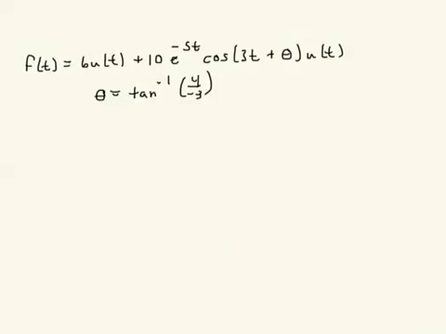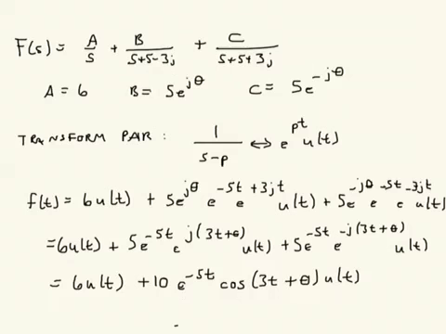And we know what the phase shift is based on the value that we calculated for theta. All right, so this concludes our video on partial fraction expansion with complex poles. Again, it's a fairly straightforward process, but it does involve complex arithmetic.